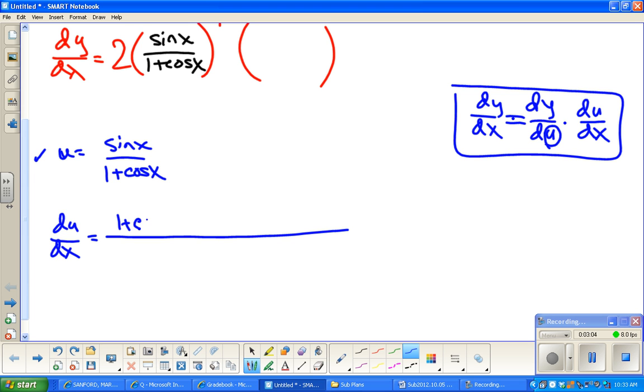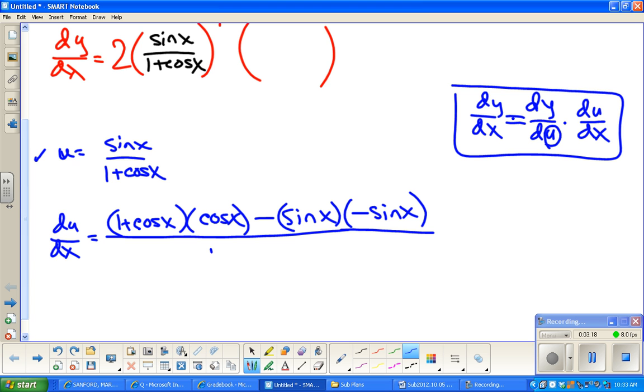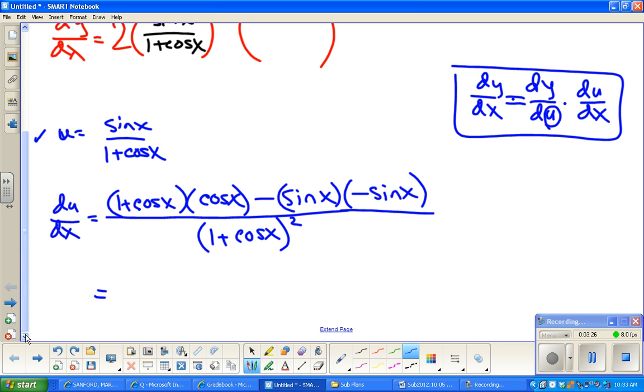Denominator times derivative of the numerator minus the numerator times the derivative of the denominator, over the denominator squared. That's the derivative of the inside.